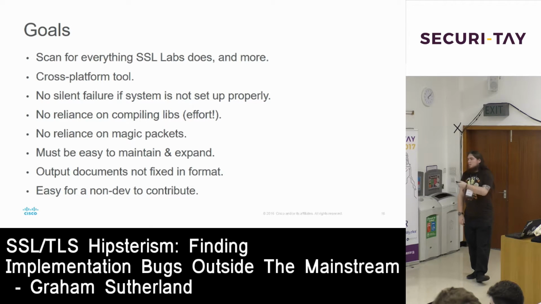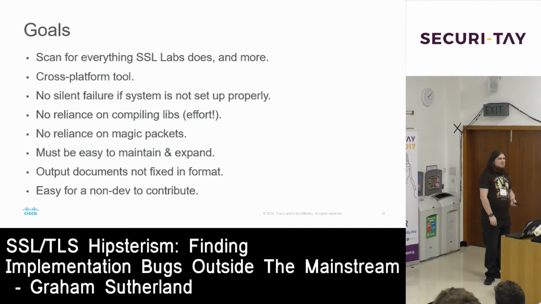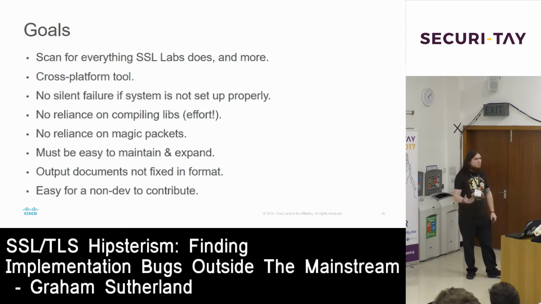And then, of course, easy for a non-dev to contribute. So one of the big problems is that there's so many damn SSL bugs that come out. And I kind of go, oh, right, well, I really want to build a check for that. But there's an existing tool, so I'd love to just stick it in that tool so everybody can use it. And then you spend 2 hours trying to work out how the hell the tool works.